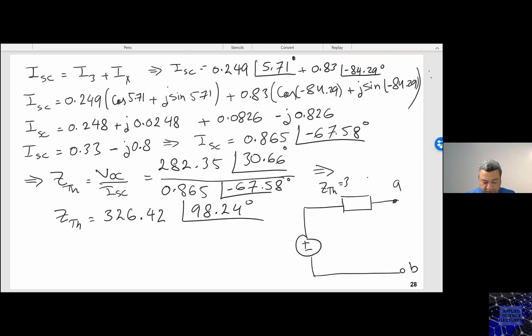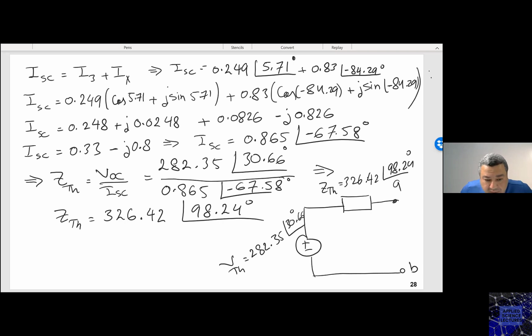which is 326.42 at 98.24 degrees, and this one is going to be V Thevenin as 282, which is the V open circuit, 35, at 30.66 degrees.